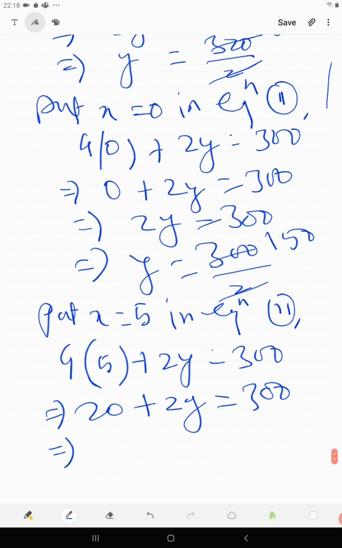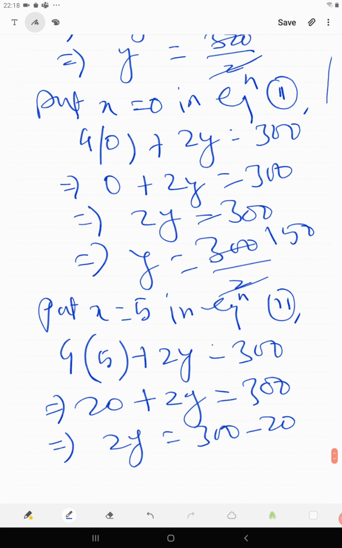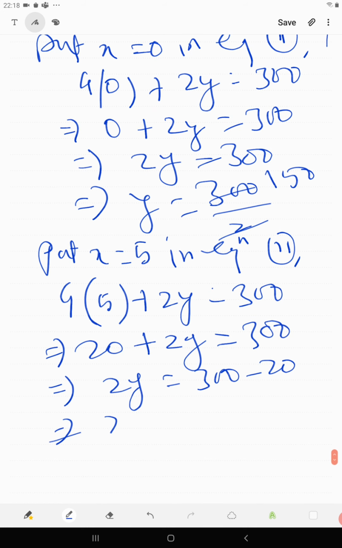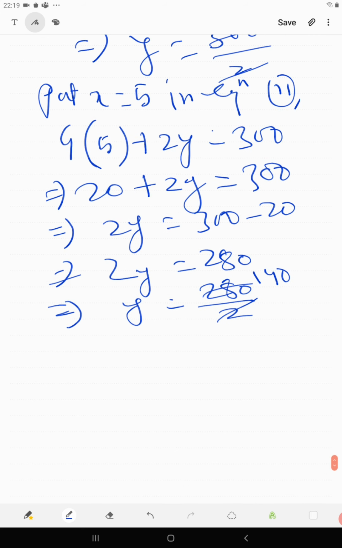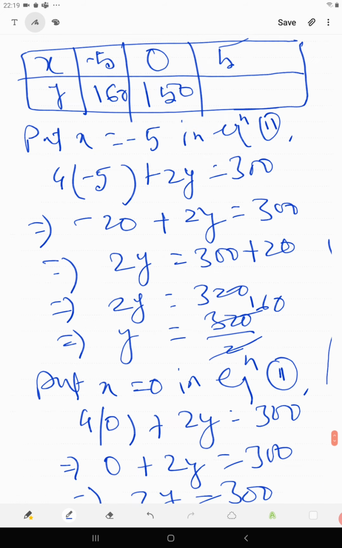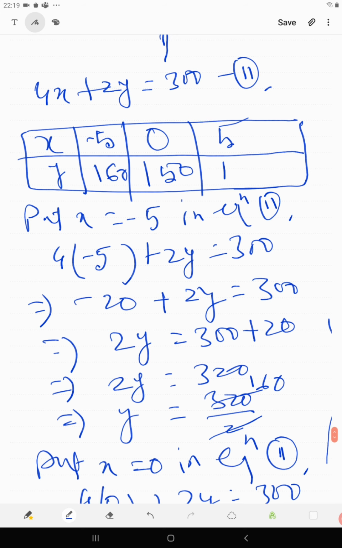So 2y equals to 300 minus 20. So 2y equals to 280. So y equals to 280 by 2. So this gives us 140. So y is 140. Okay, so we'll take this y as 140.